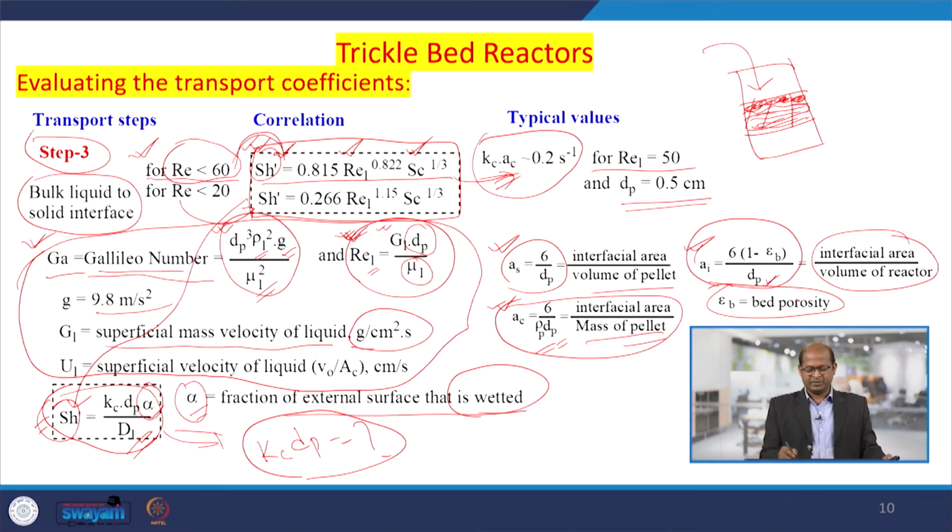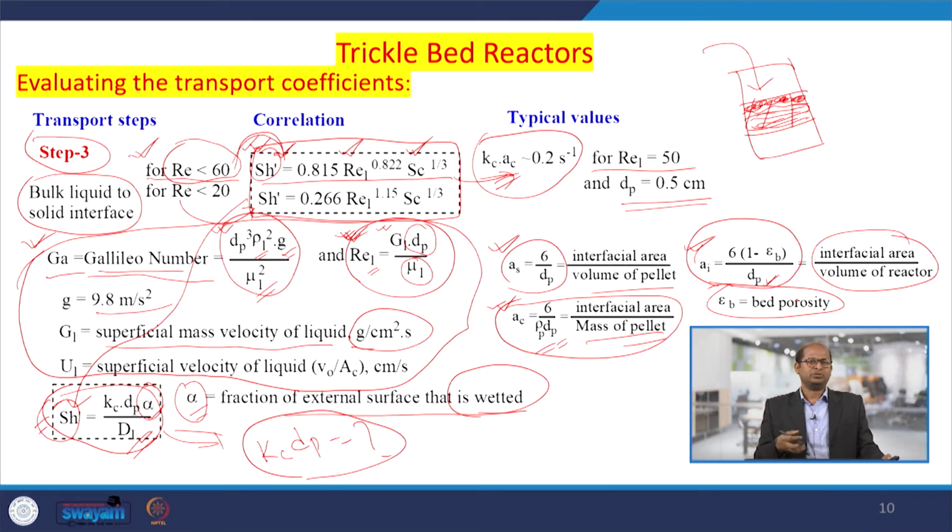So, if you want to find the individual resistance for each step, these are the correlations we have to use. Depending on the reaction and reactor, you need the flow rate of the liquid, flow rate of the gas, diameter of particles, diameter of the reactor, interfacial area of the particles, density of the particles, bed porosity, and particle porosity.